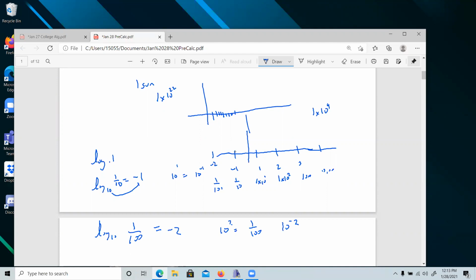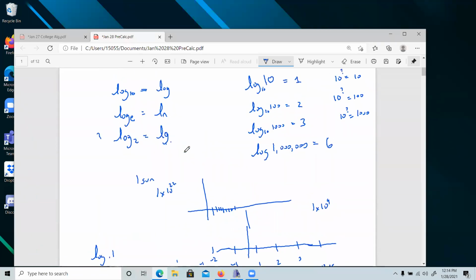I don't know offhand how big a virus is compared to a bacteria, but I do know they're substantially different. So if you're trying to measure how big something is, you're going to be using a logarithmic graph in order to describe that. Okay, so that's why you would want to be using this stuff.